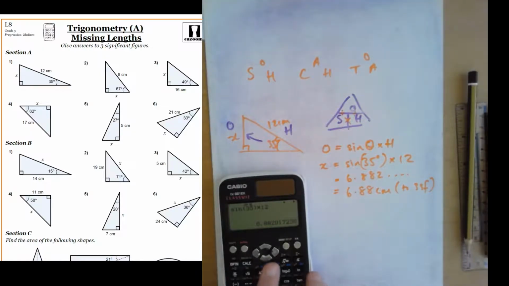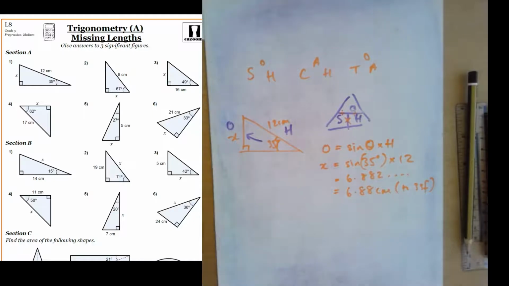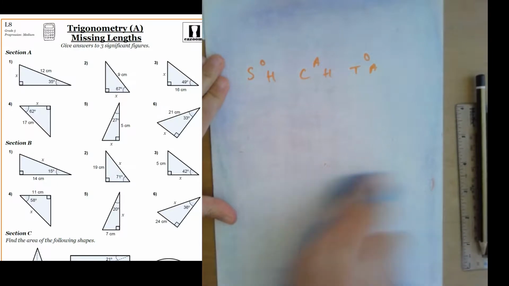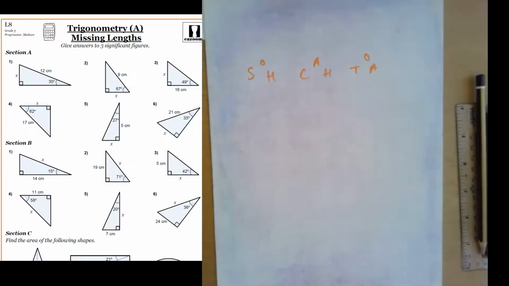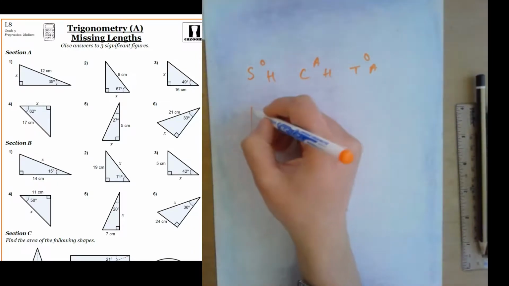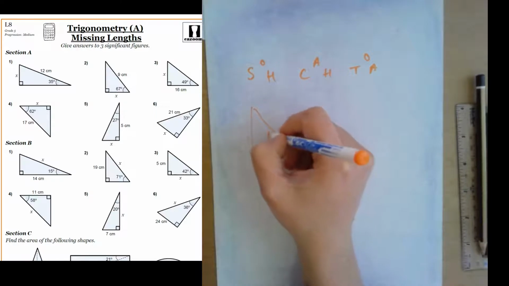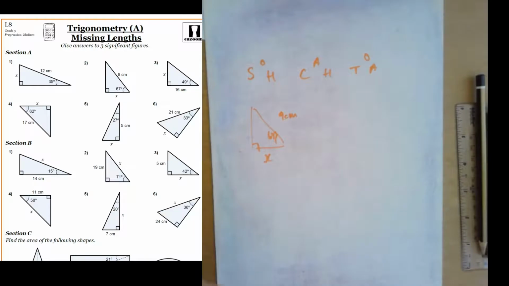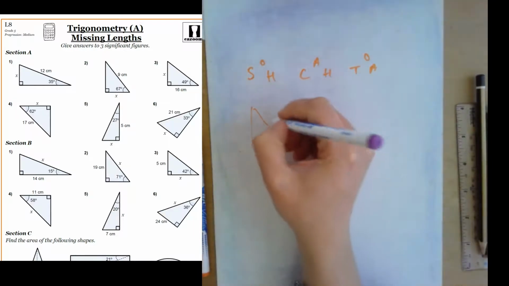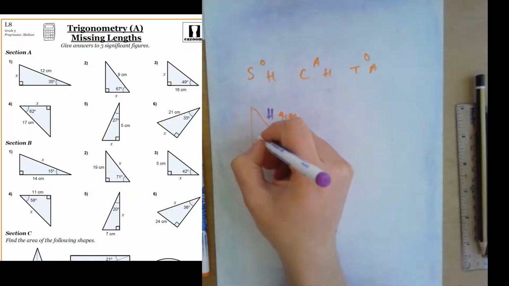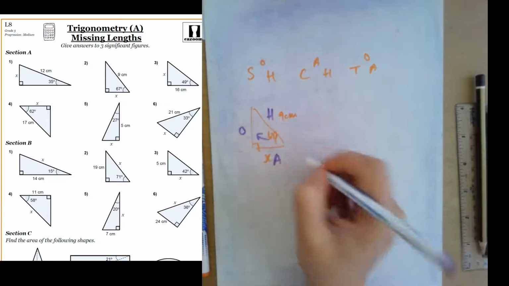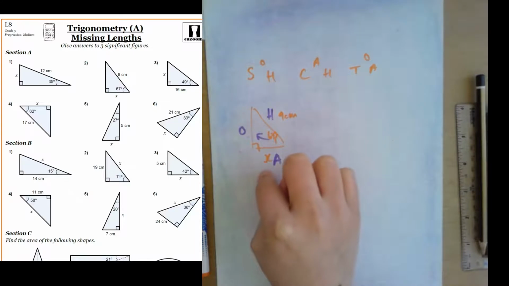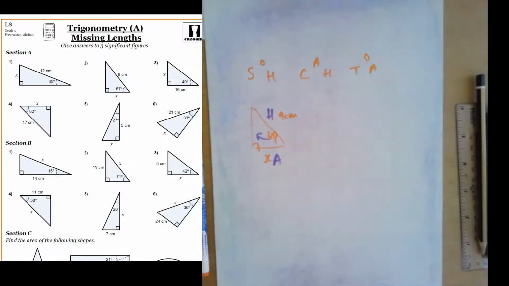I'll go through another one, just so you're used to it. Okay, so my triangle has an angle of 67 degrees. I've got 9 centimeters up here, and I've got X over here. So if I label my sides, that's my hypotenuse, that's opposite, this is my adjacent. So I have that, I need that, and I don't have anything to do with that.